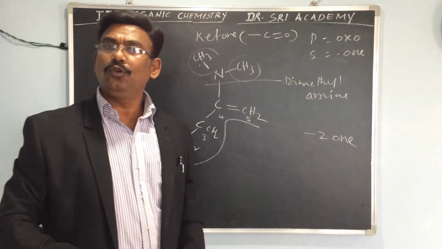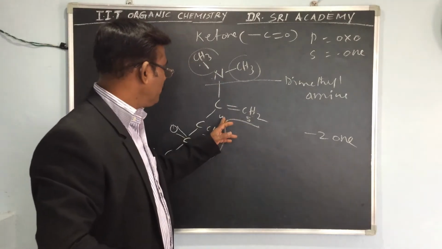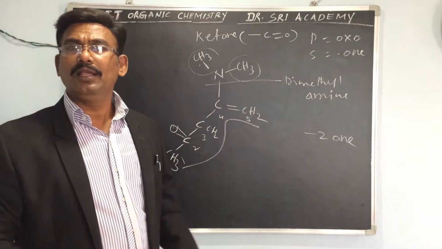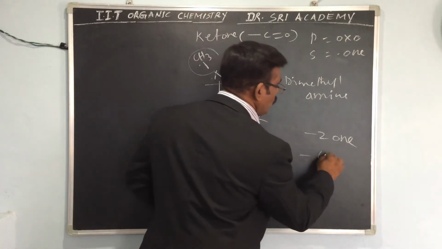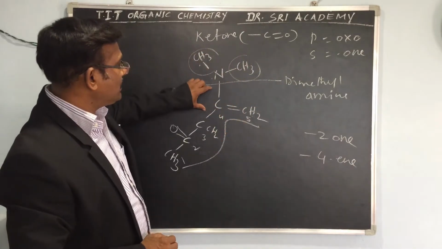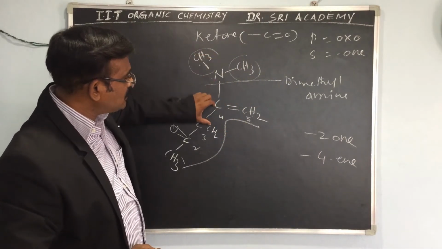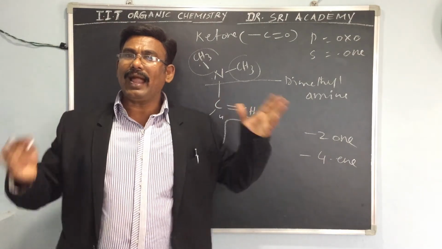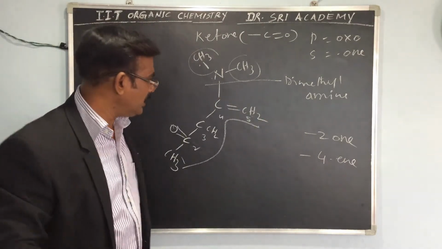And the fourth carbon contains the double bond, meaning 4-ene. So the fourth carbon contains the dimethylamine as well as the 4-ene. So we can write the name. How can you write the name?